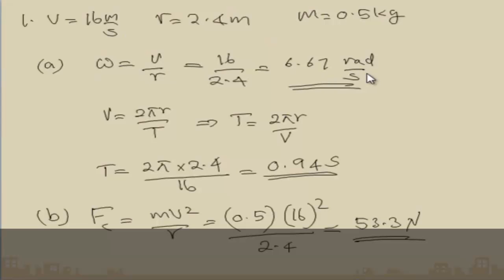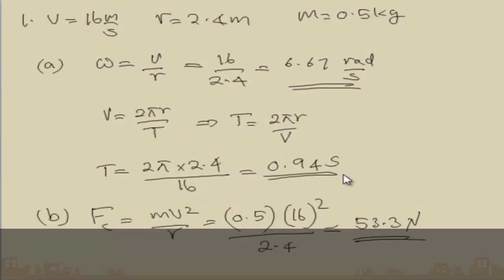That's 6.67 radians per second. To find the period, we can use the equation v equals 2 pi r over T, and solving for T gives us T equals 2 pi r over v. Plugging in the radius and the speed gives us 0.94 seconds.